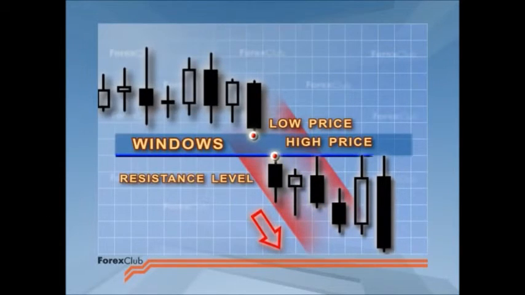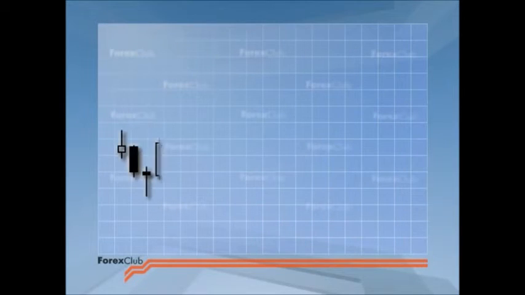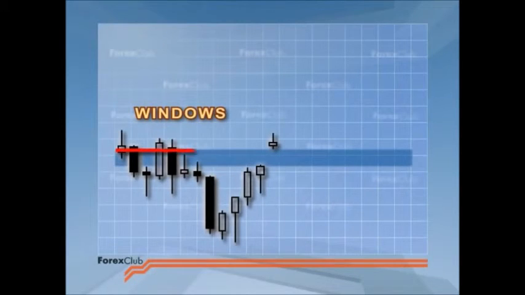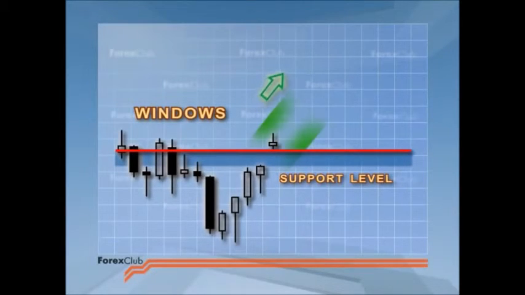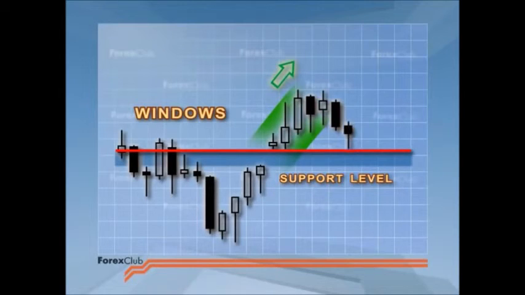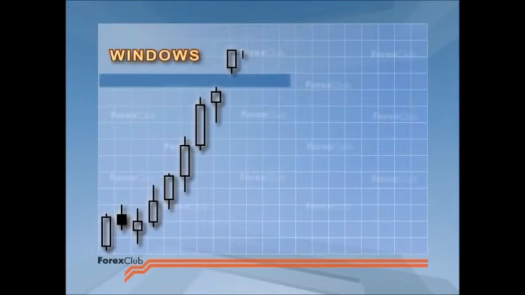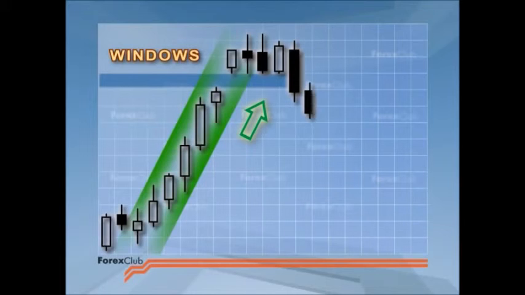Windows also provide us with fresh levels of support and resistance. For example, the window on the uptrend is a continuation signal and price continues to rise. The correction of this uptrend should find its support at the level of the window. If the fall in price continues, closes the window and bearish pressure continues, the previous uptrend is considered over.